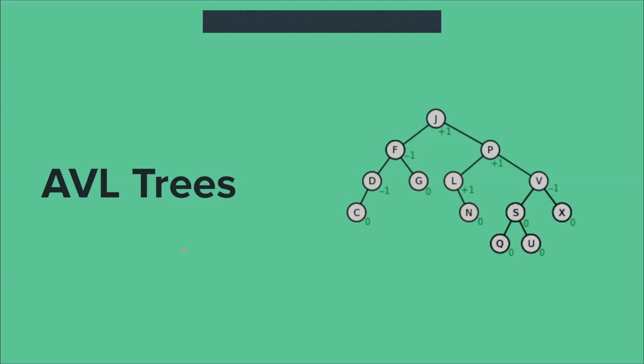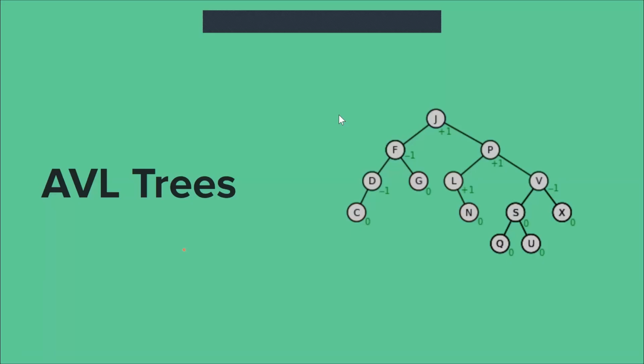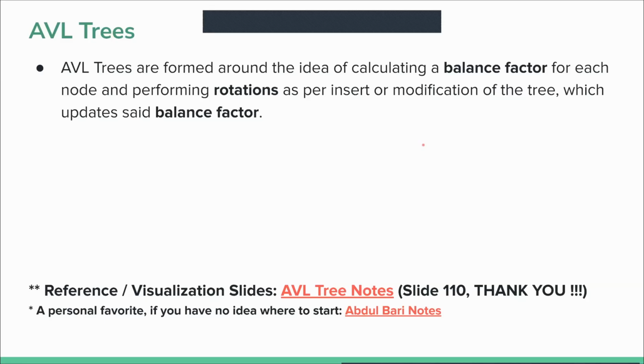AVL trees are characterized by this idea of calculating a balance factor by taking the height of the left subtree minus the height of the right subtree, as we have here. And that is our specific balance factor. Based on that balance factor, we will decide to perform rotations as per insert or modification of our AVL tree.